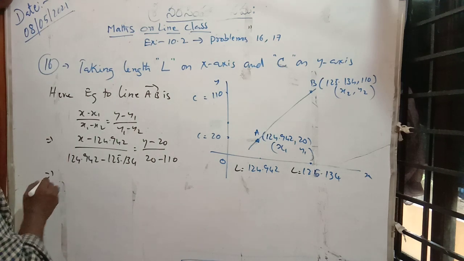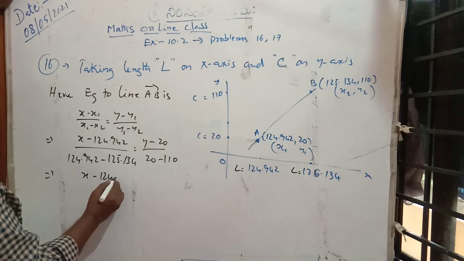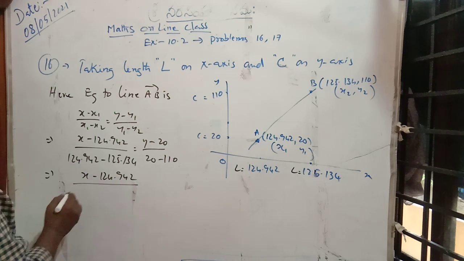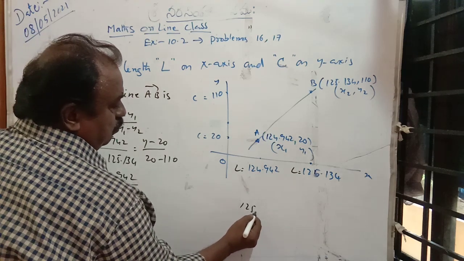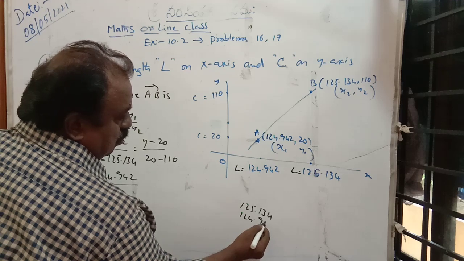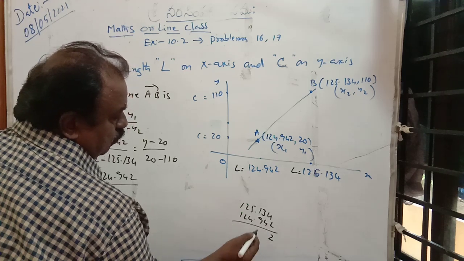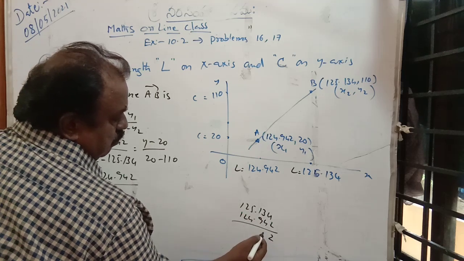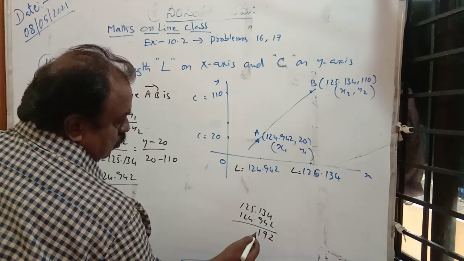Now here is x minus 124.942 by, you subtract it: 125.134 minus 124.942. 4 minus 2 is 2, 13 minus 4 is 9, and 10 minus 0 means it is 1.